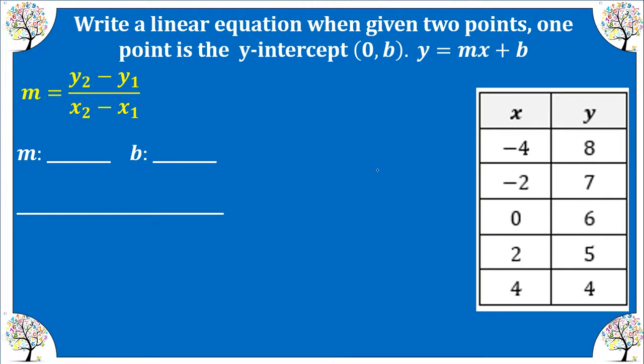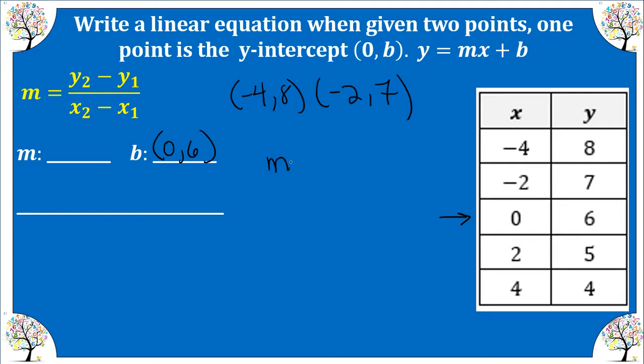Okay, let's do another example. Again, you're hoping to get the 0 comma, in this case 6, because this is my y-intercept where x is 0. So my b value is going to be 6. Now let's find slope. I like to bring my ordered pairs out from the table.